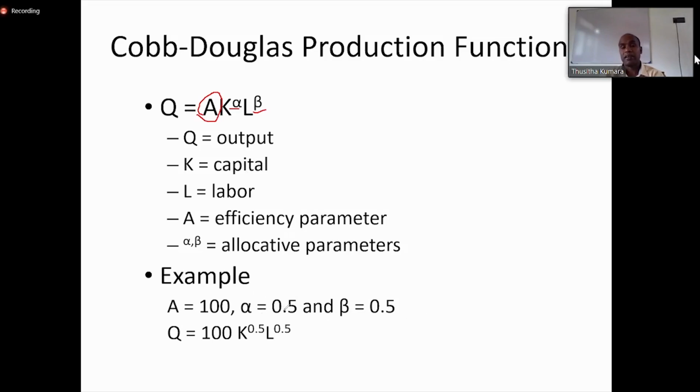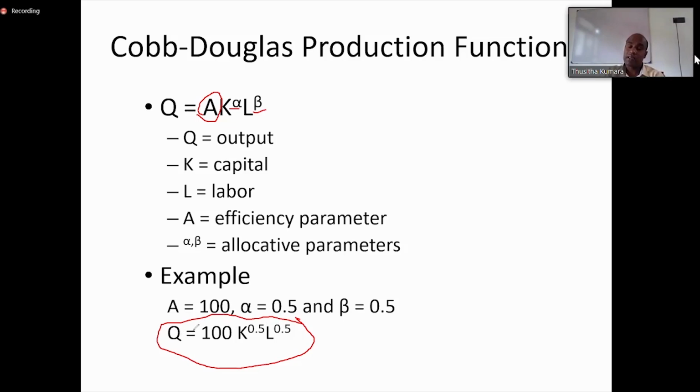Both are the same, 0.5. Using this information, we can generate this production function. So output is a function of capital and labor, where efficiency is 100 and the allocative parameters are 0.5. This provides us the mathematical or technical relationship.